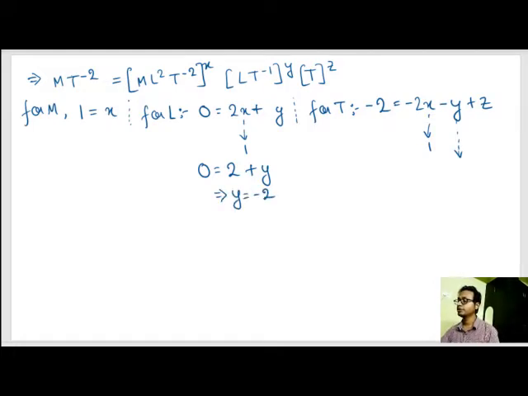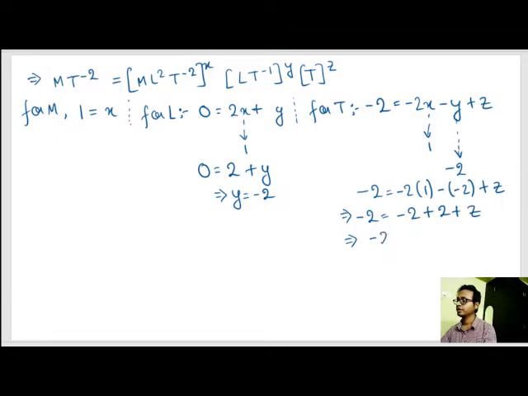Now we substitute y equals to minus 2 out here, or minus 2 is equals to minus 2 into 1 minus of minus 2 plus z, or minus 2 is equals to minus 2 plus 2, because minus into minus becomes plus, plus z, or z is equals to minus 2.